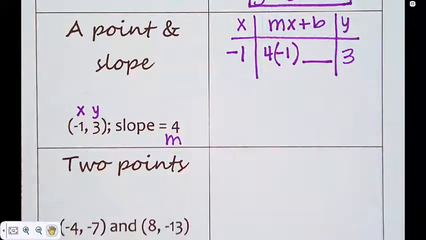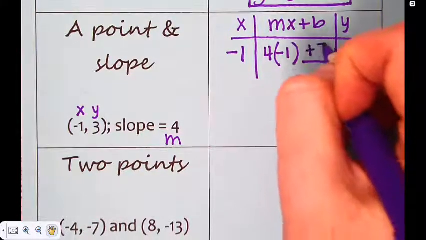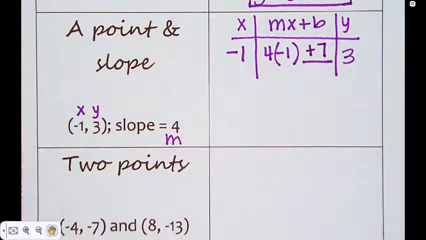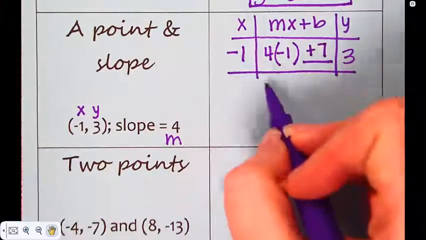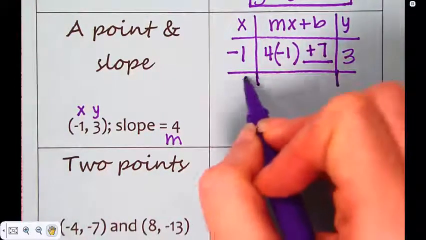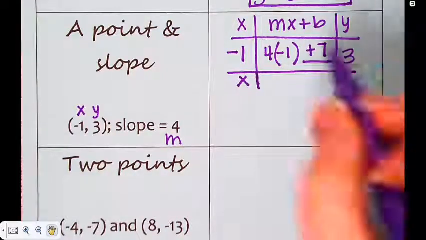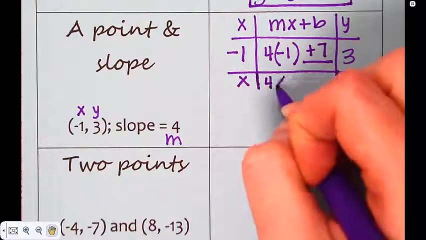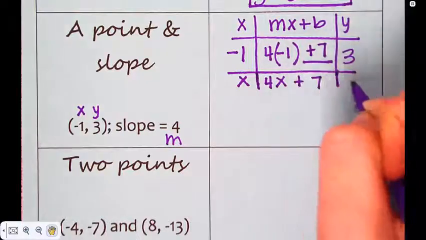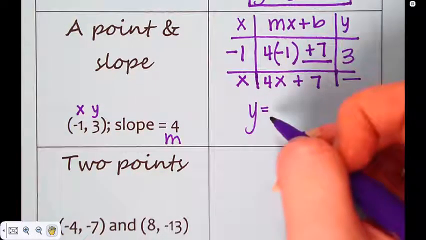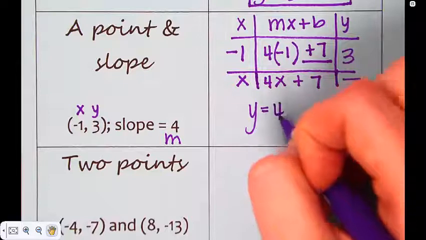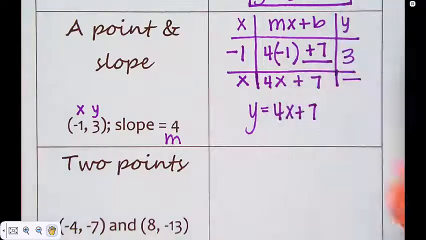I would add 7. So now we can write it in our general form like we did on our finite difference with the actual x. So we would have 4 times x plus 7. We're going to write our rule as our equation, y equals 4x plus 7.